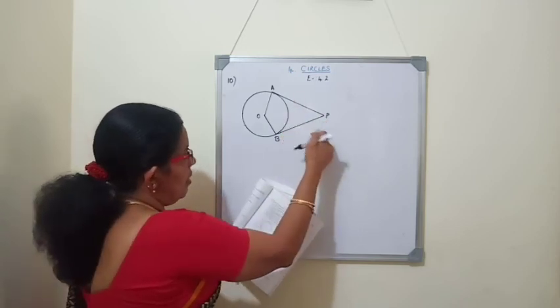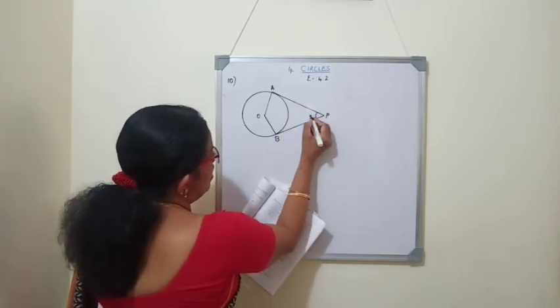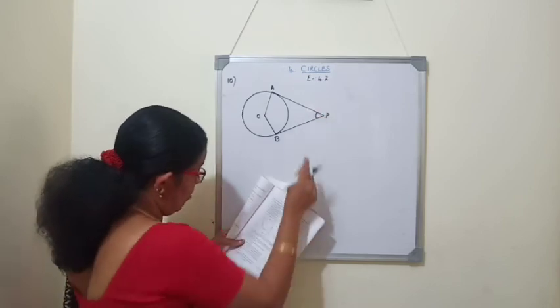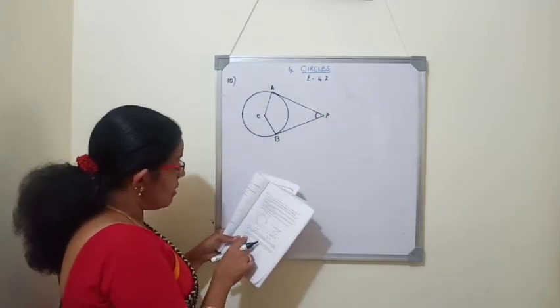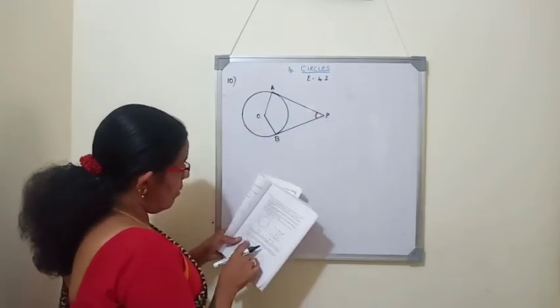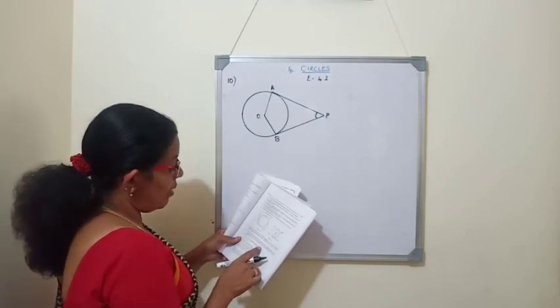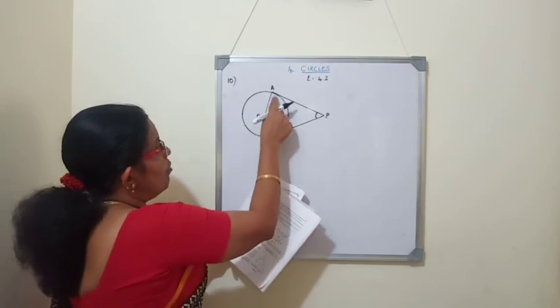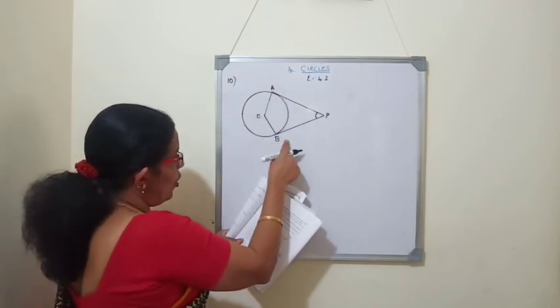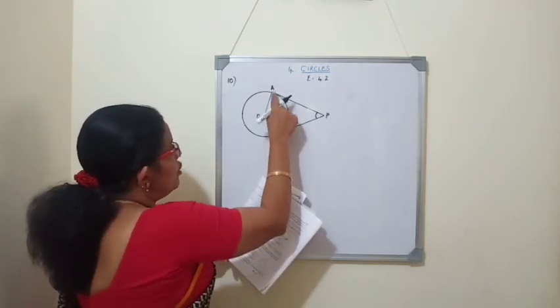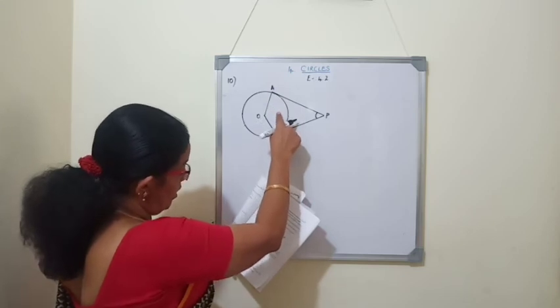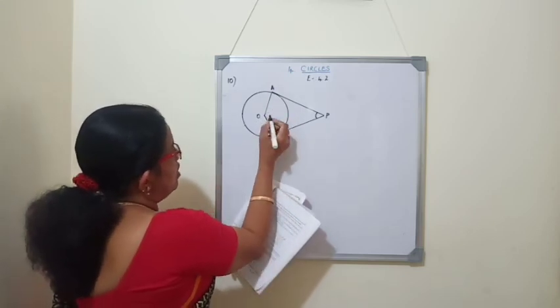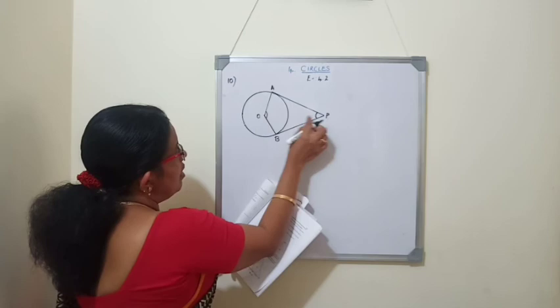The angle between the tangents at the external point is angle APB. This angle is supplementary to the angle subtended by the line segment joining the point of contact. Which are the points of contact? A and B are the points of contact. Line segment joining the point of contact at the center. So, these two angles are supplementary.